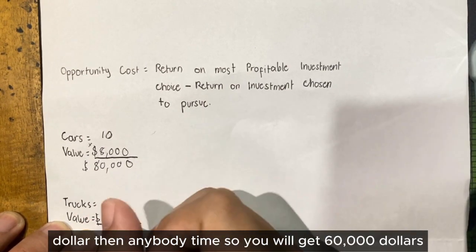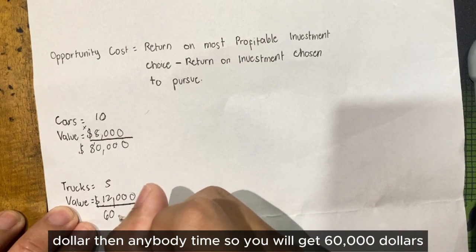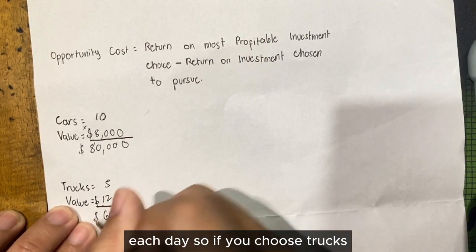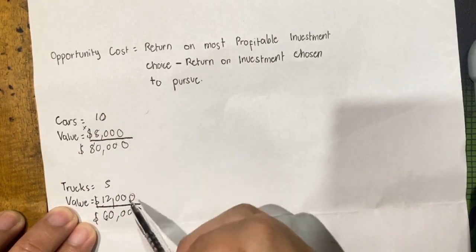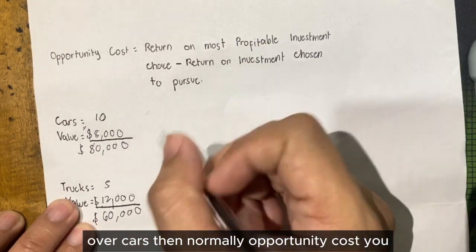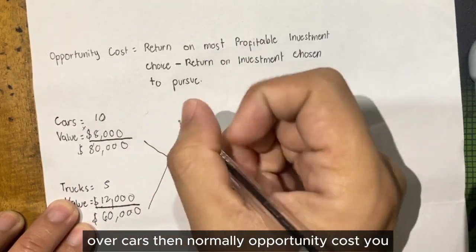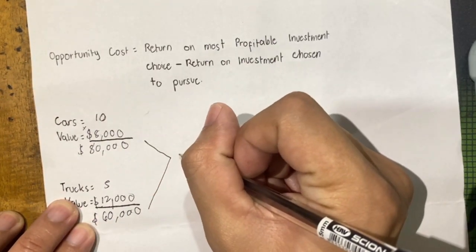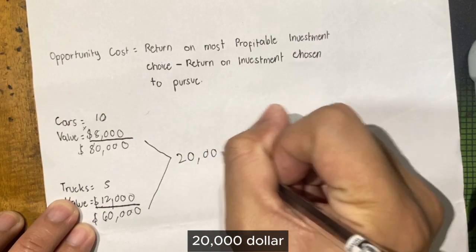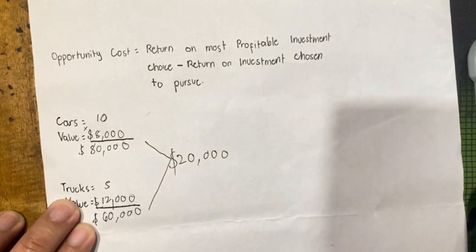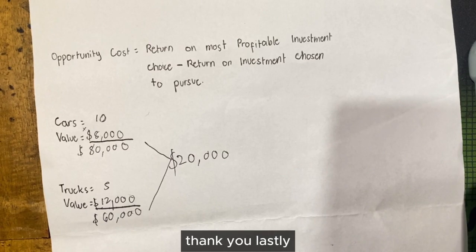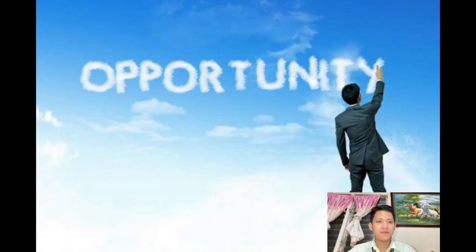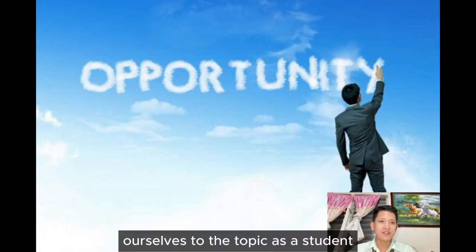Multiply it, and you will get $60,000 each day. So if you choose trucks over cars, then the opportunity cost is $20,000. So thank you.